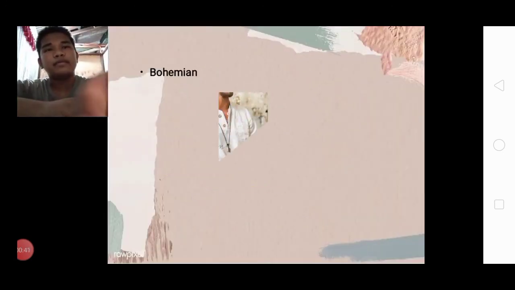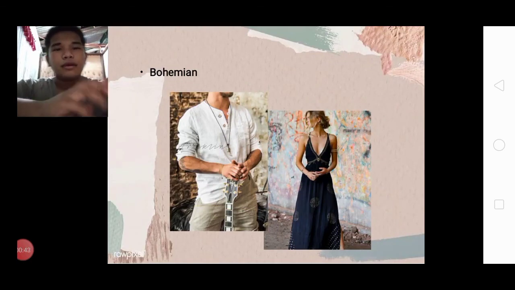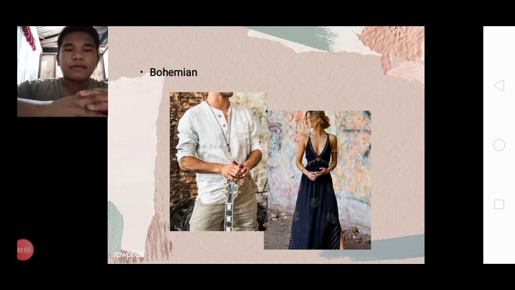Second is the bohemian style. Bohemian style, or also known as boho or boho chic, borrows from the 1960s hippie aesthetic and festival culture. The style incorporates earth tones, natural fabrics and dyes, and prints and accessories from around the world.